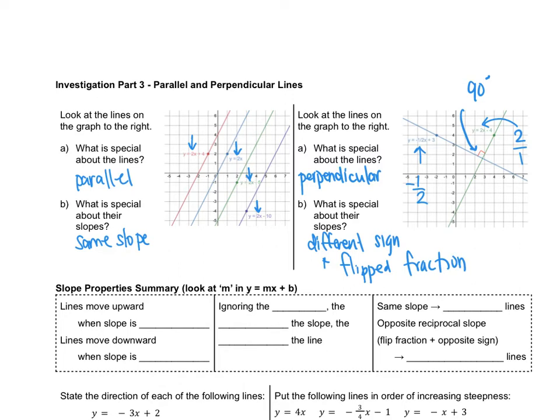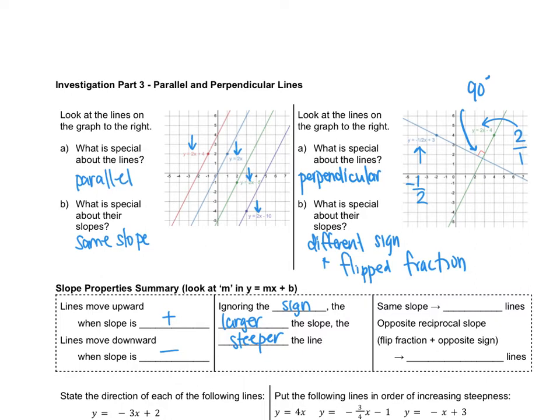So let's take these three properties and summarize them. Lines move upwards when the slope is positive. Lines move downwards when the slope is negative. When we ignore the sign, the larger the slope, the steeper the line. So those two should make some logical sense.